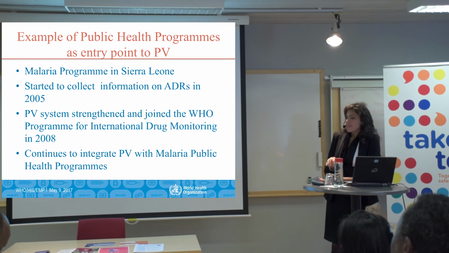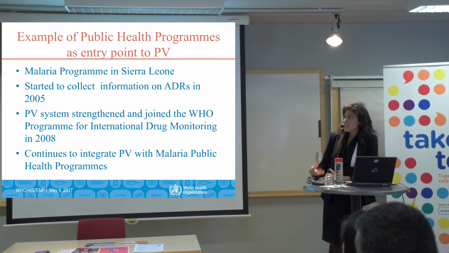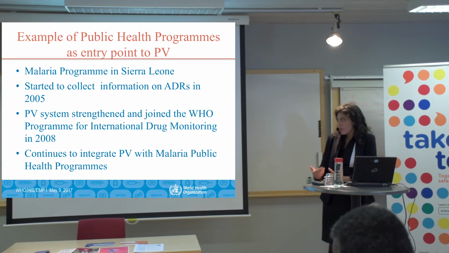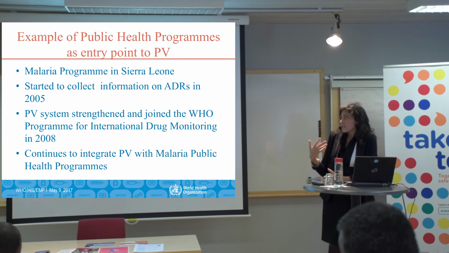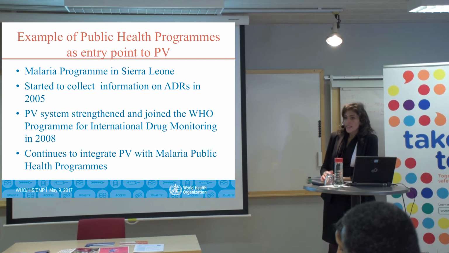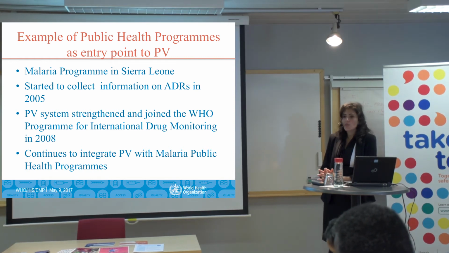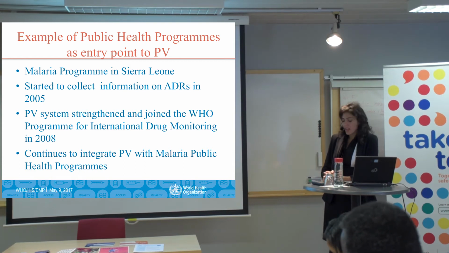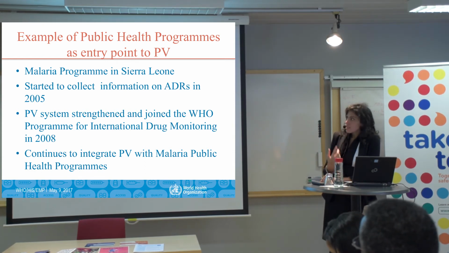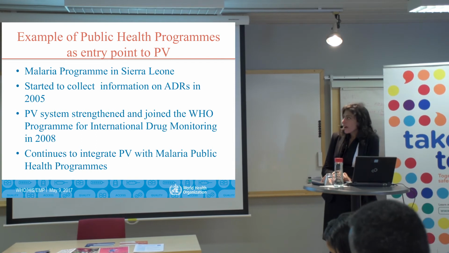So they put a PV system in place, and that was then strengthened, and it joined the program. Now there's PV not just in malaria but in many other disease programs, and they have a strong PV presence. It continues to integrate PV with malaria and other public health programs. So this is an example of how a disease program can be used to start PV.